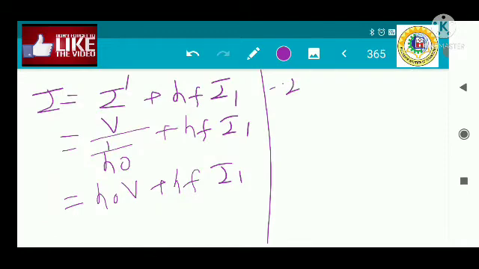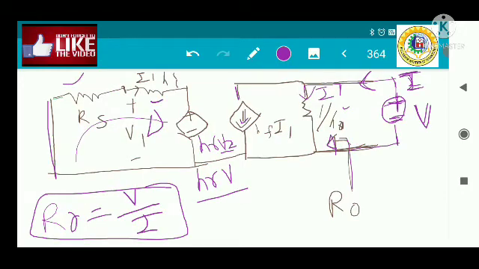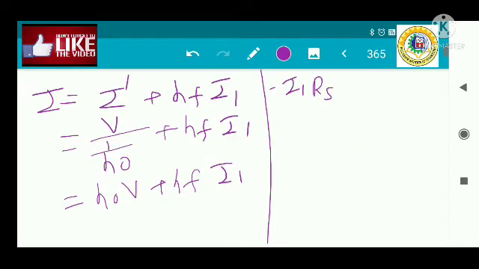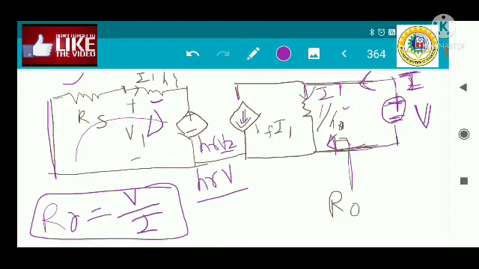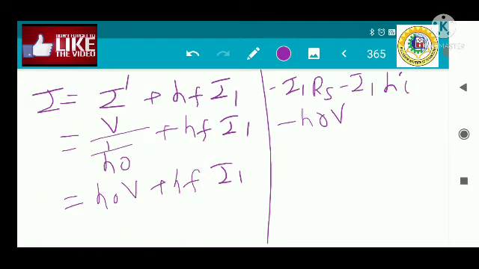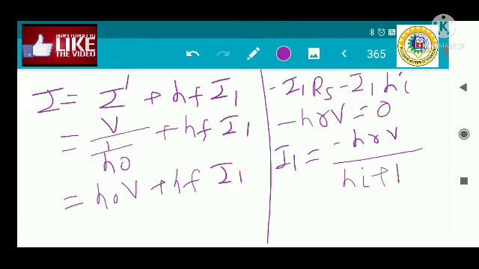So KVL is minus I1 into Rs, and this is minus I1 into Hi, plus, minus Hr into V, this is plus to minus, that's why it is negative, Hr into V equal to 0. From there you calculate the I1. So I1 is nothing but minus Hr V divided by Hi plus Rs.